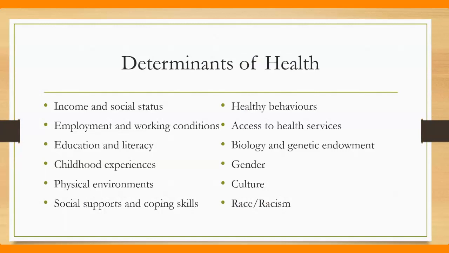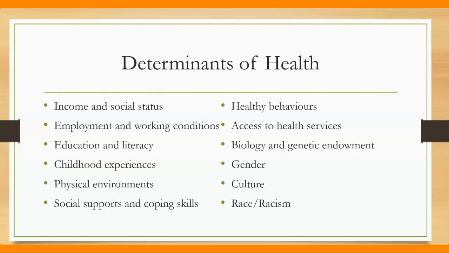So here's a list of determinants of health. These are very, very important. Hint, hint, wink, wink, nudge, nudge. You need to know them, not only for exam purposes, but for understanding the concepts of community health. So we have income and social status, employment and working conditions, education and literacy, childhood experiences, physical environment, social supports and coping skills.